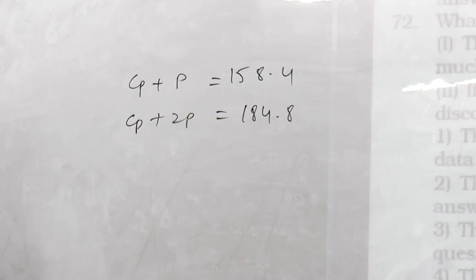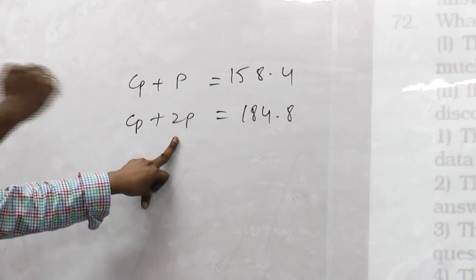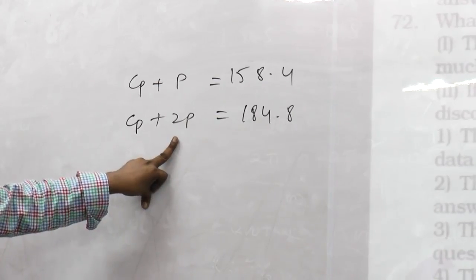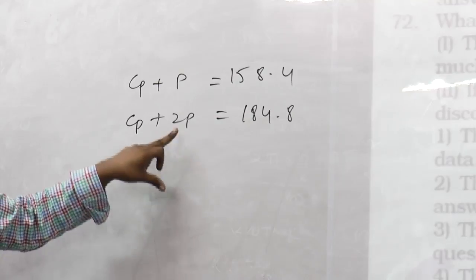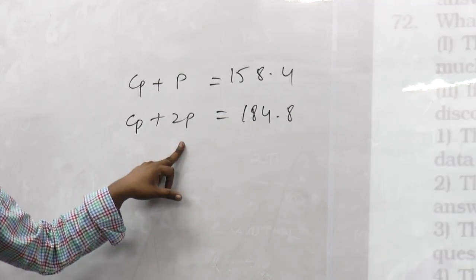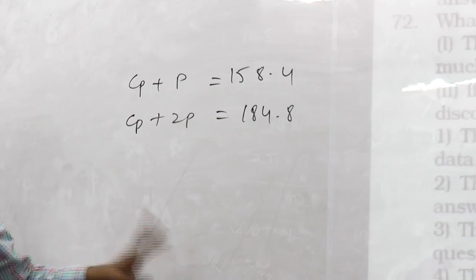Don't get confused. If profit in second case is 2 times of the profit in first case, or profit percent obtained in second case is 2 times of the profit percent obtained in first case, whatever it is, you will get your answer.